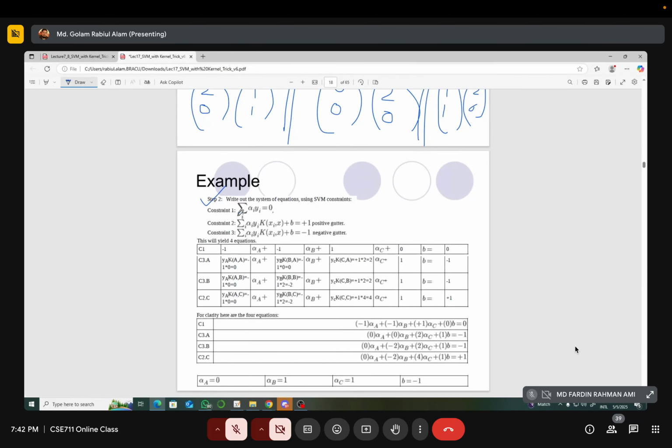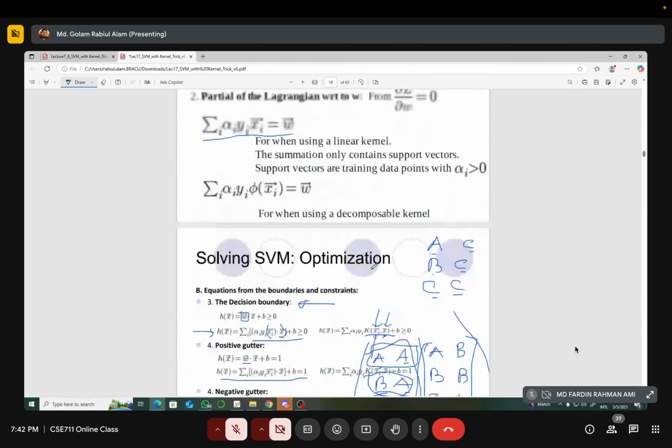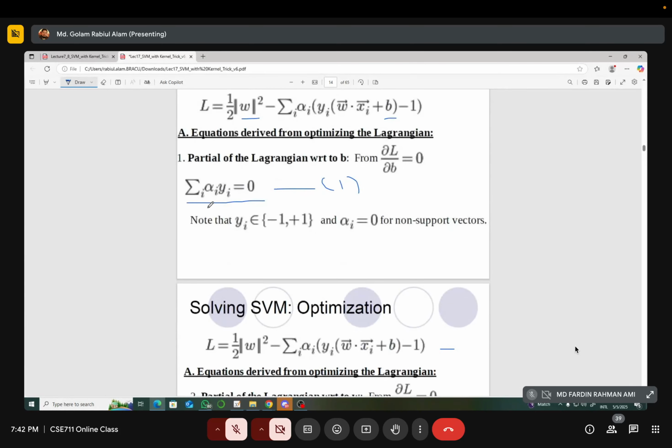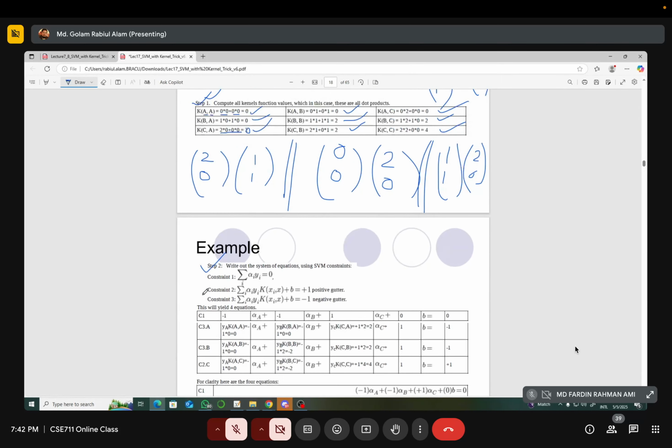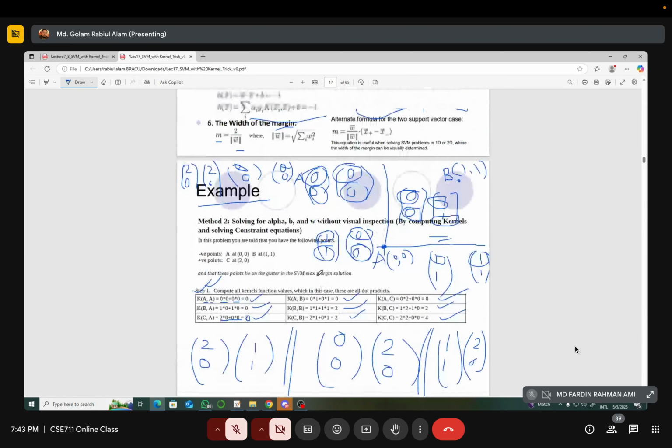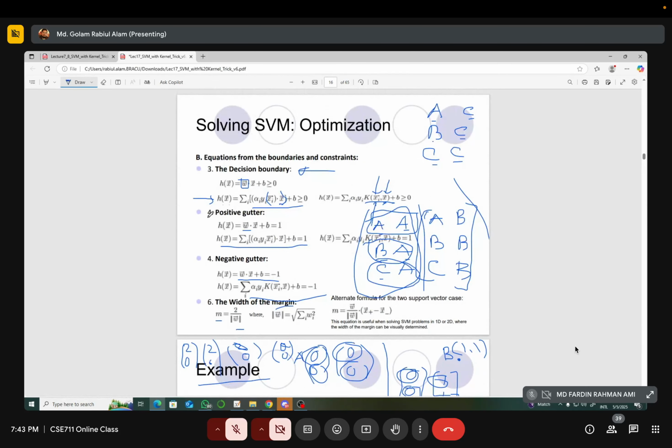So we know that summation of alpha I yi equals 0 from equation number 1. From this equation we know this one, this is the constant. And then we want to utilize another equation, that is our positive gutter equation.